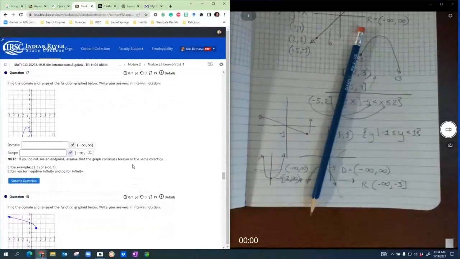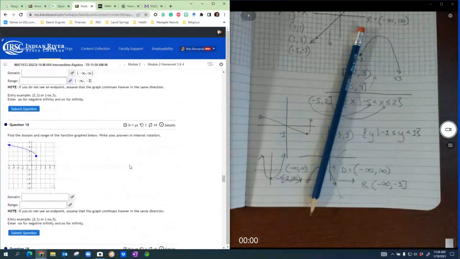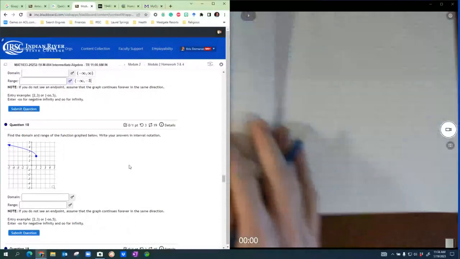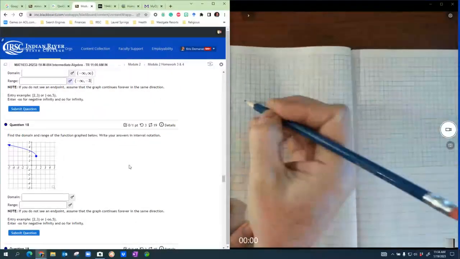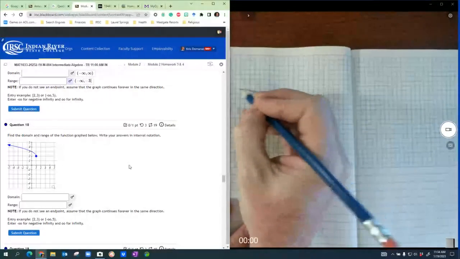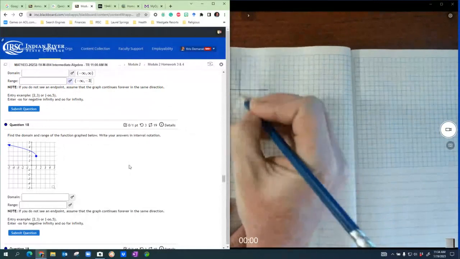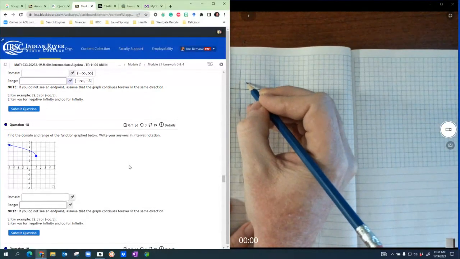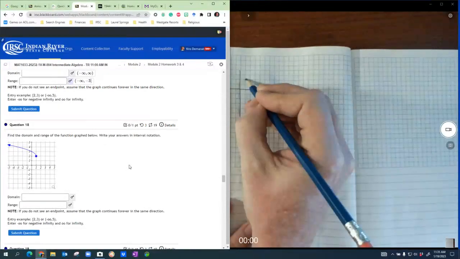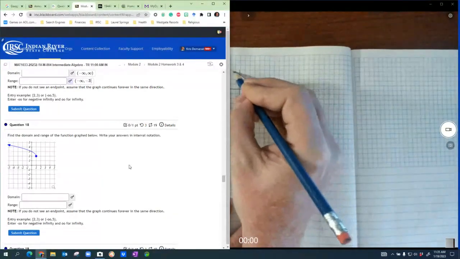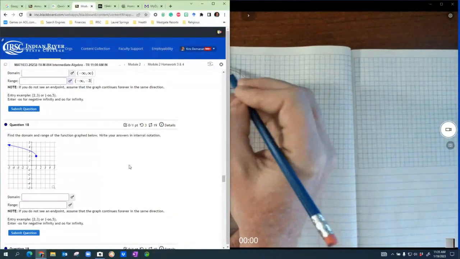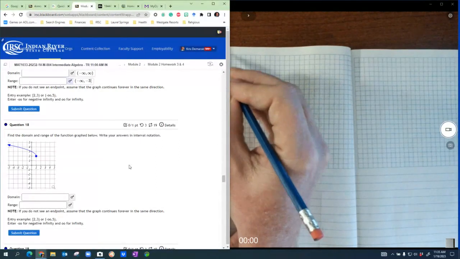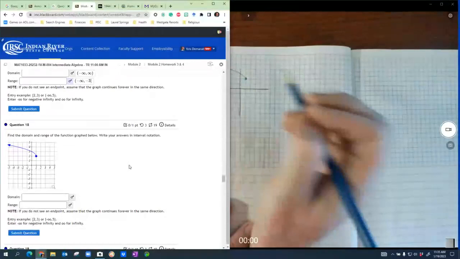All right, now let's look at this next one, question number 18. This one is actually a square root function. It's going from 1, 2, so it's right here, and it's going on forever like this, up and to the left forever.